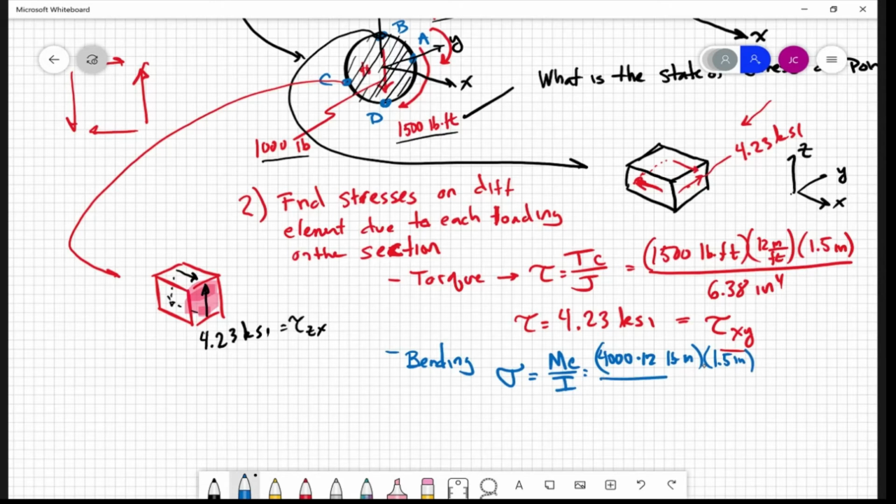And I is the 3.19 inches to the fourth. So that's going to give me a stress of 22.6 KSI.